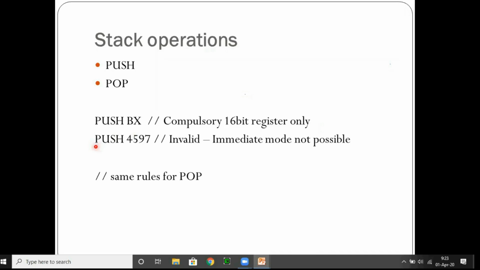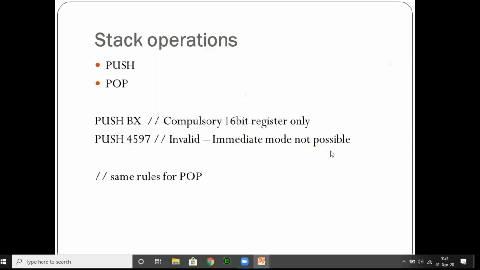Look at the second instruction, PUSH 4597. 4597 is a value here, coded in hexadecimal. So it is 16-bit data. 16-bit data you cannot directly push into the stack. This is invalid because immediate addressing mode is not possible in stack operation.